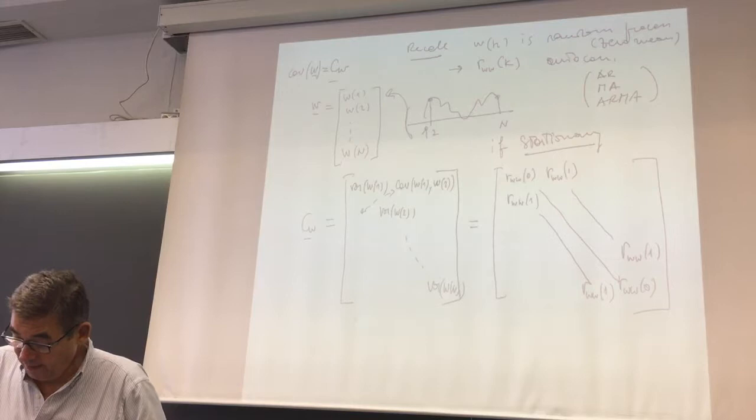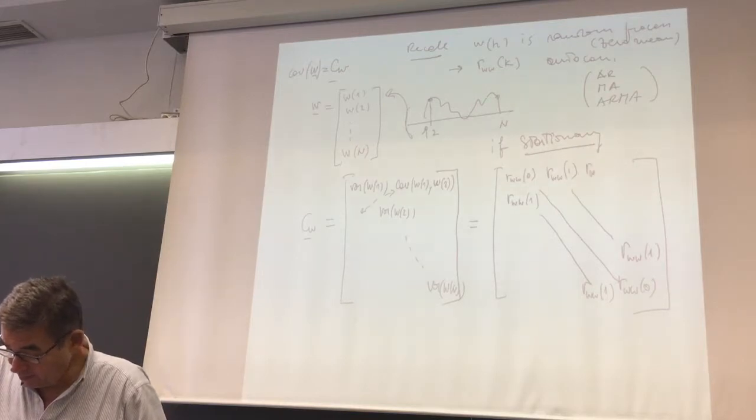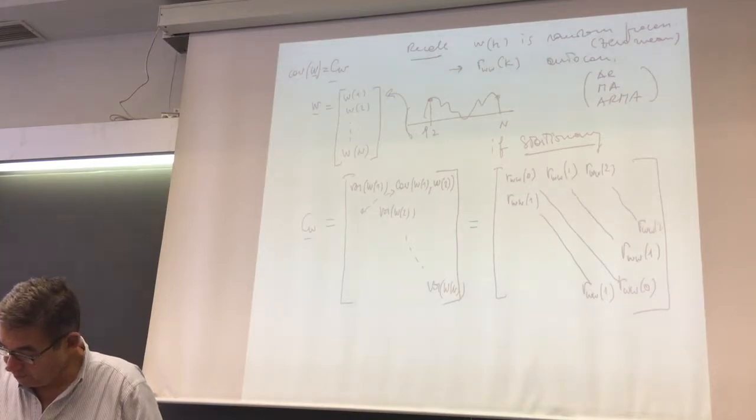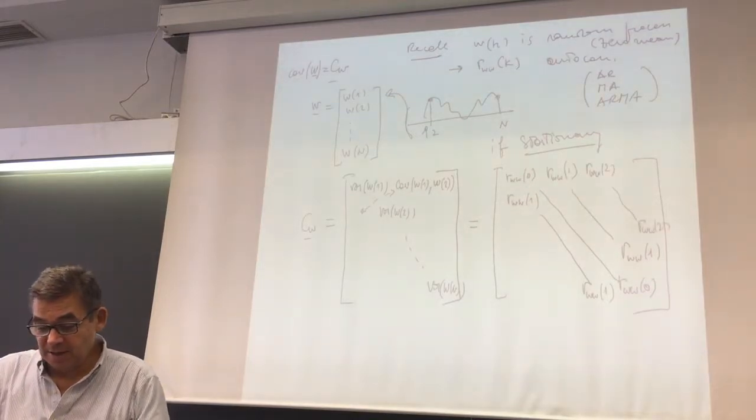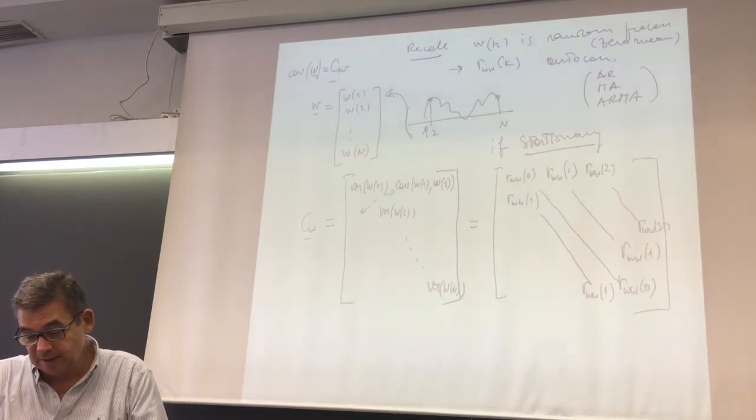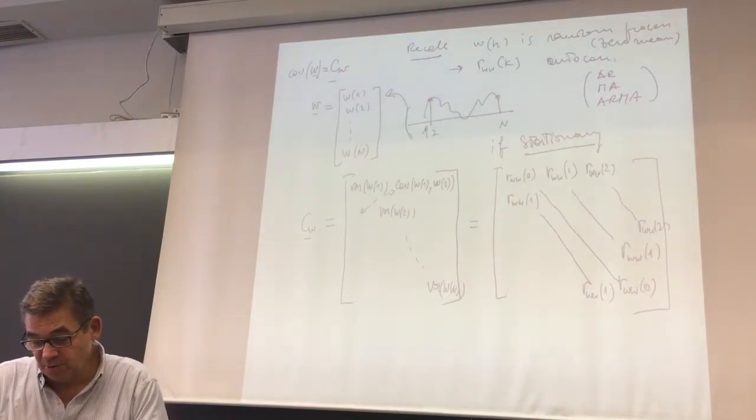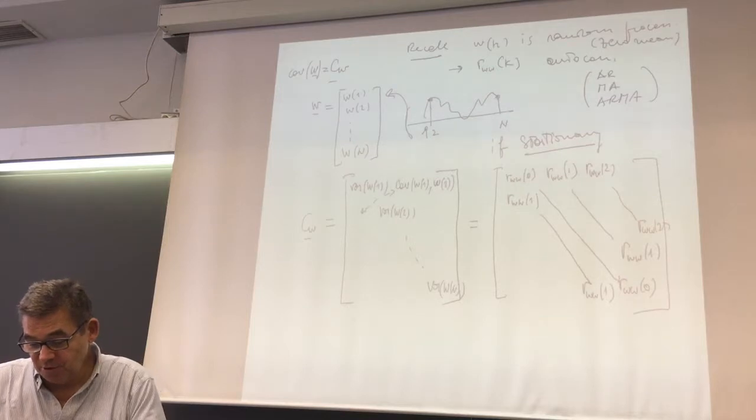If I take the second sample, it is RWW2, the same all along, and so forth. So my new matrix, which seemed impossible to get, is just all the same along these diagonals.